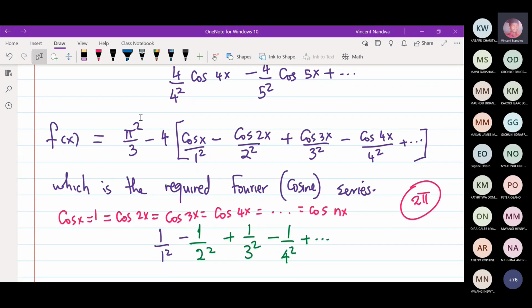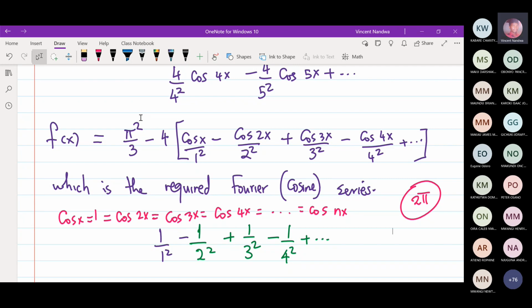Do you see that when you fix x for 0, that result will always be 1? Cos of 0 is 1. Maybe x is pi, even 2 pi will work. I'm not sure whether 2 pi will also work, but I'm picking a value.